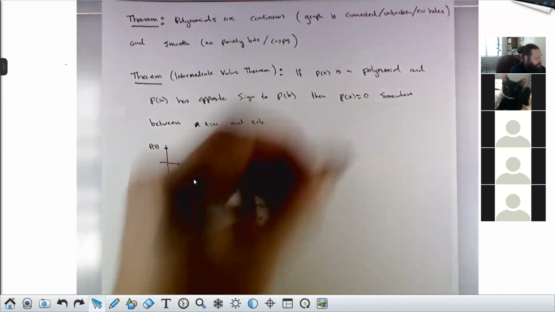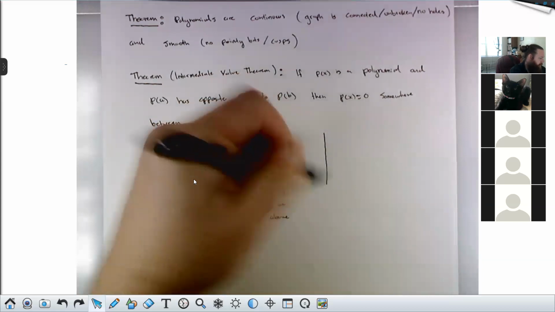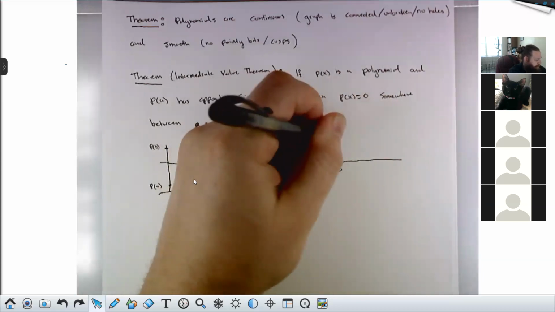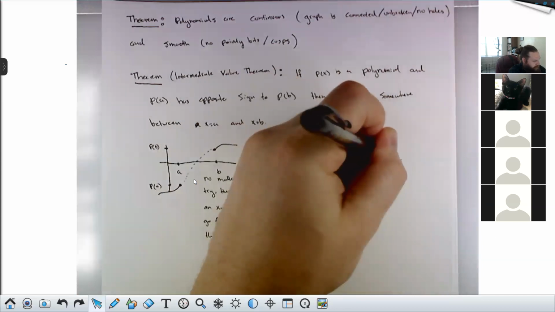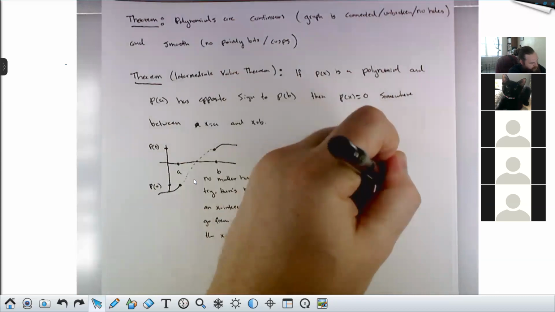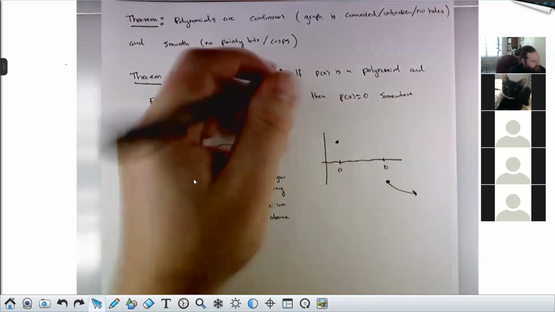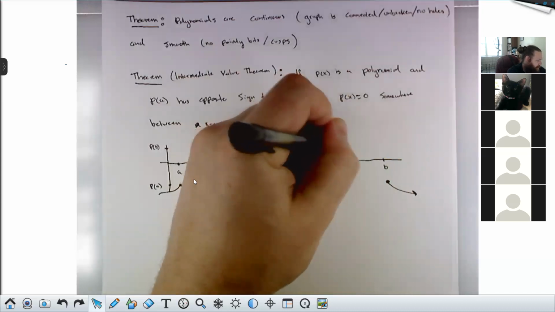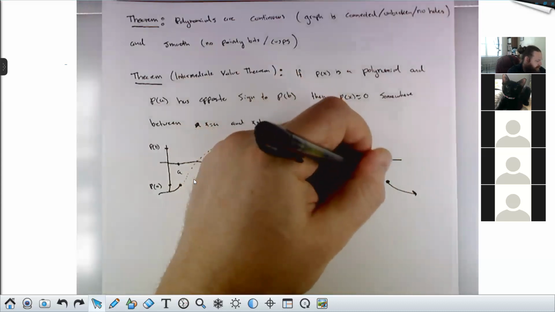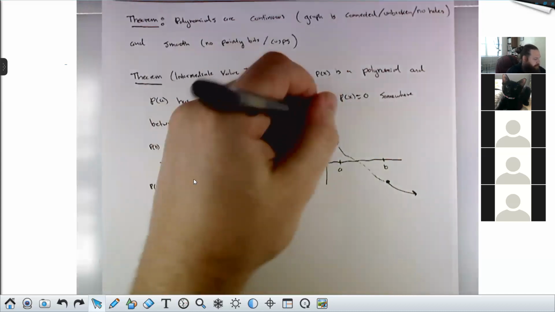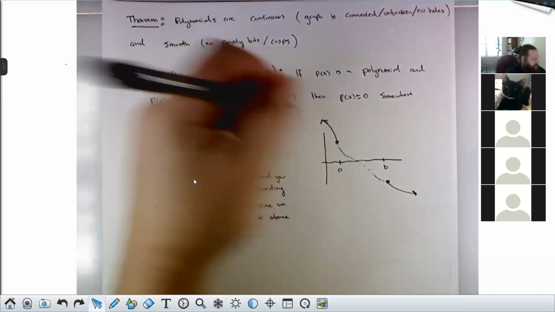And you could also go from above to under. It could go either way. Maybe P of A is the positive guy and P of B is the negative guy. Okay, no matter what's going on over here, no matter how hard you try, you gotta go through that x-axis if you're gonna go from above to below or from below to above.